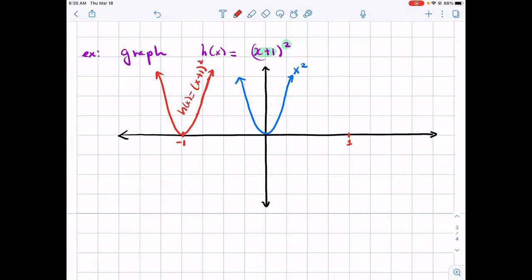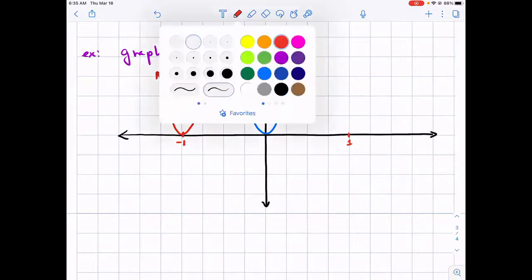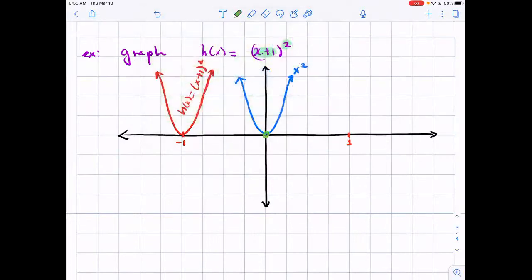Later on, we will see that this point here has transformed to there. And that is called transformation of functions. So it's very similar to x squared, just that the function has moved to the left by 1 unit.